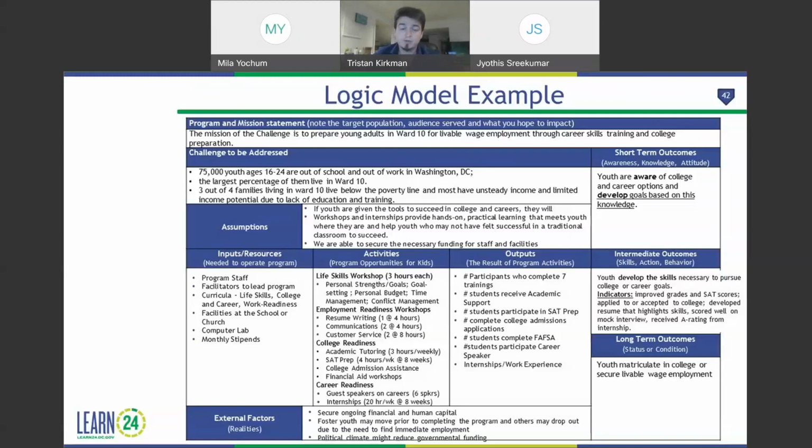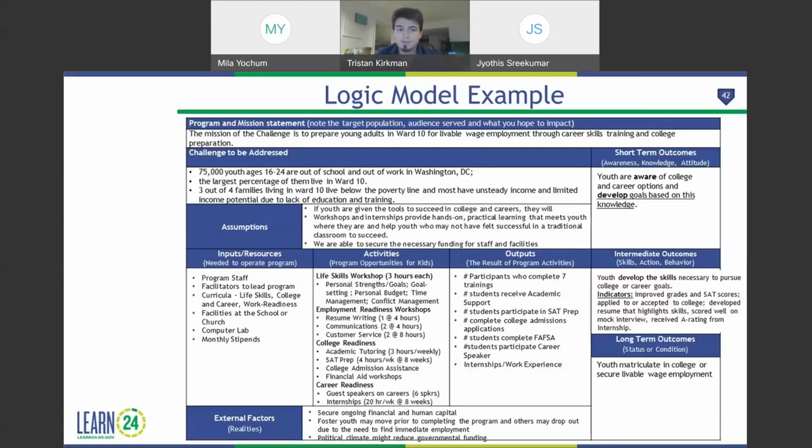For outcomes, they include short, intermediate, and long-term outcomes. For short-term outcomes, they focus on knowledge and awareness, being aware of college and career options. For intermediate outcomes, they focus on measurable behaviors and actions resulting from those short-term outcomes using indicators such as grades, SAT scores, college acceptance rates.